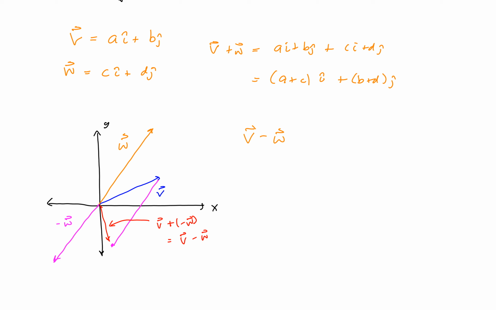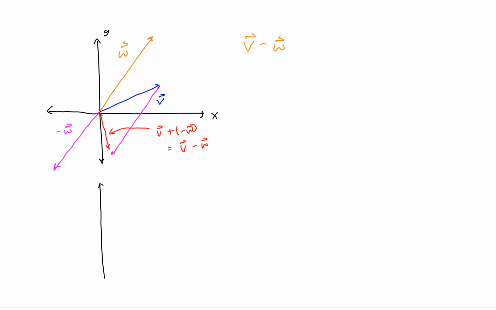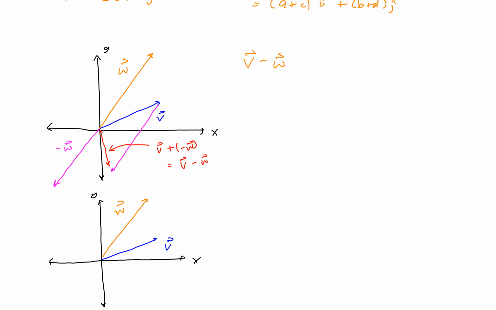Another way is we can just use the vectors themselves to do this. So if I have v here, and let's go back to get w again. The other way I can think of this is what should v minus w be? This should be the vector so that when I add w, I get v.